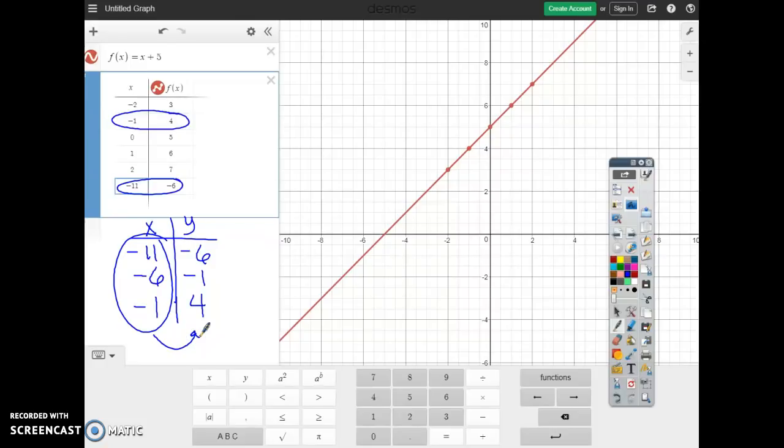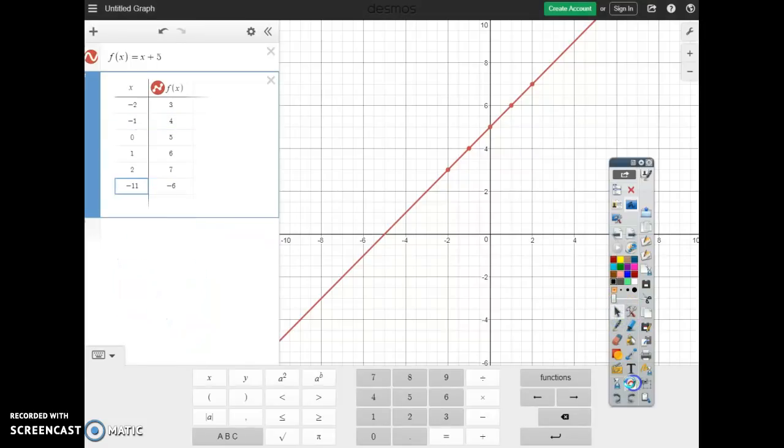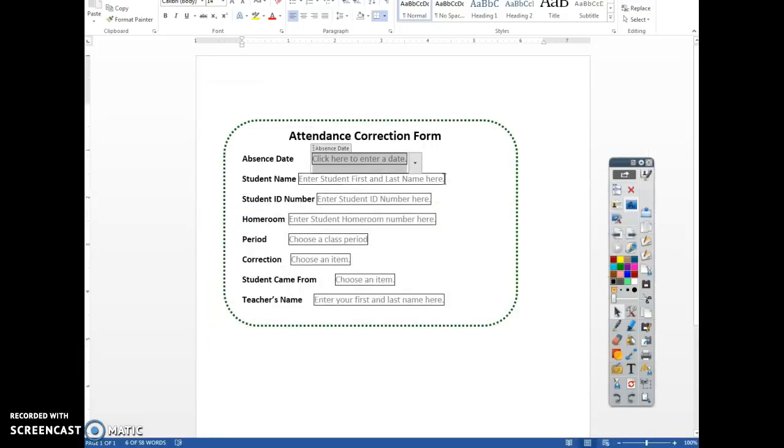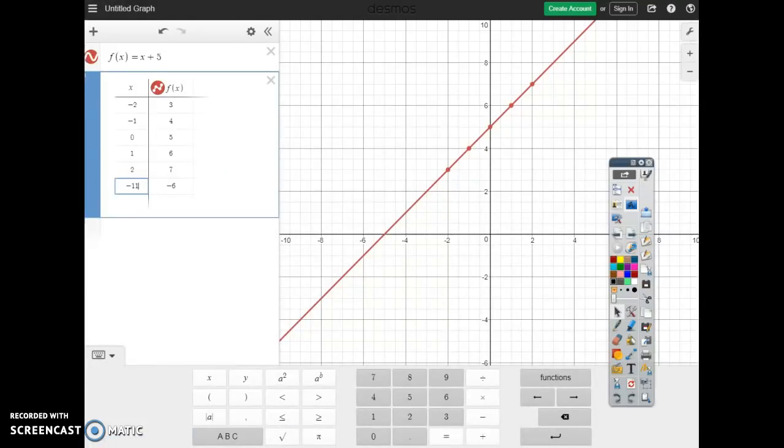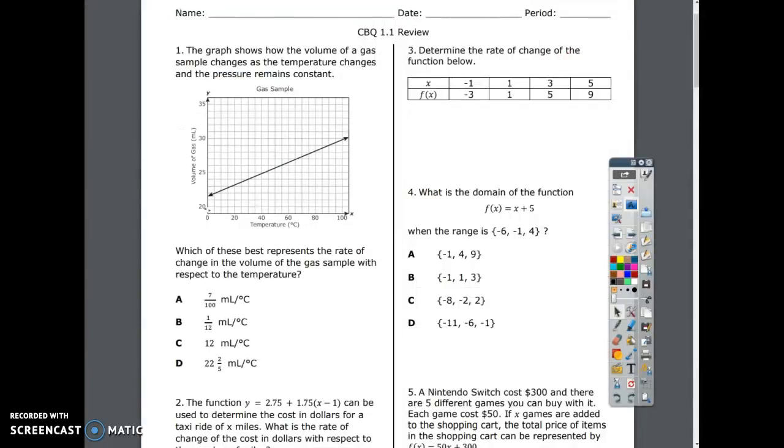Got it? So that's your answer. Go look for it and circle it. That would be letter D. Okay, keep going.